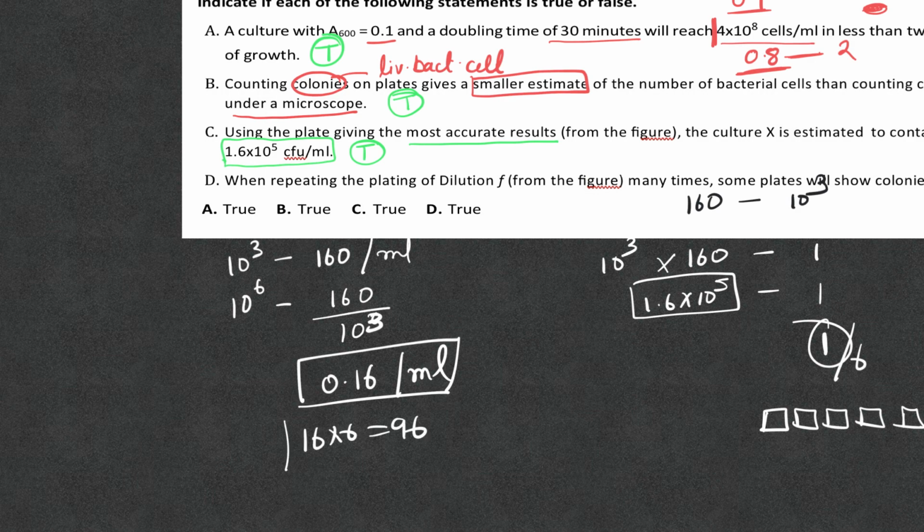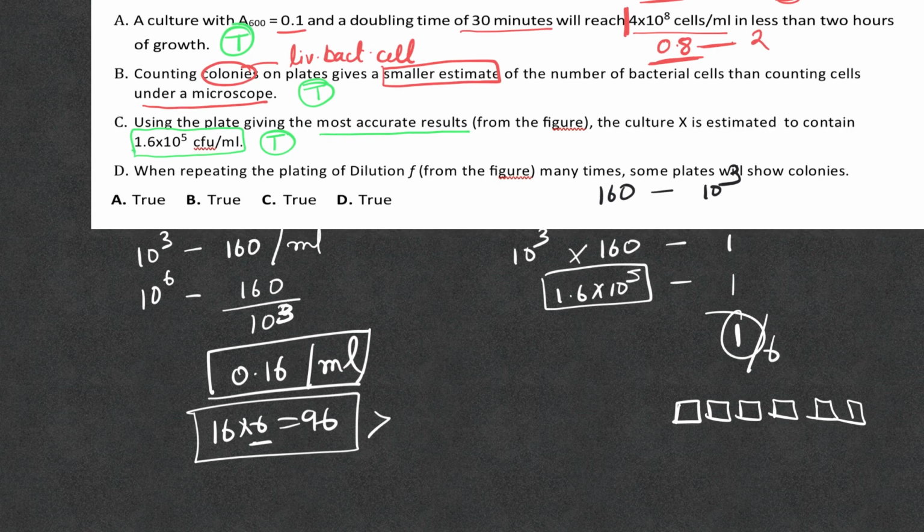So if you plate more than 6 times, you'll have achieved a probability, or you must get at least 1 bacteria. So when repeating the plating of dilution, at least some plates will show colonies. So yes, if you do it more than 6 times, you will get a colony.